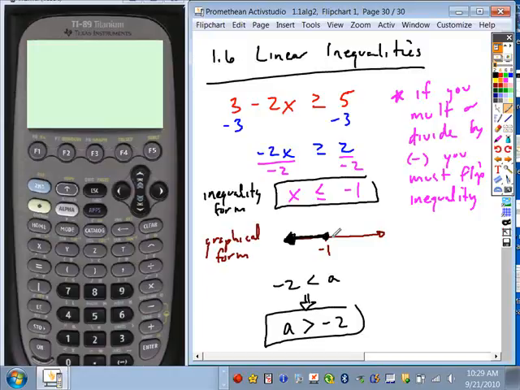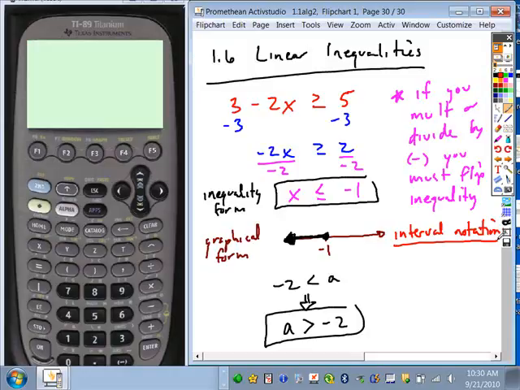Okay, what I want to introduce you guys to, and what we'll use predominantly in this class, is what's called interval notation. This is not in the book, but I am going to expect that you be able to write your answers in this form.